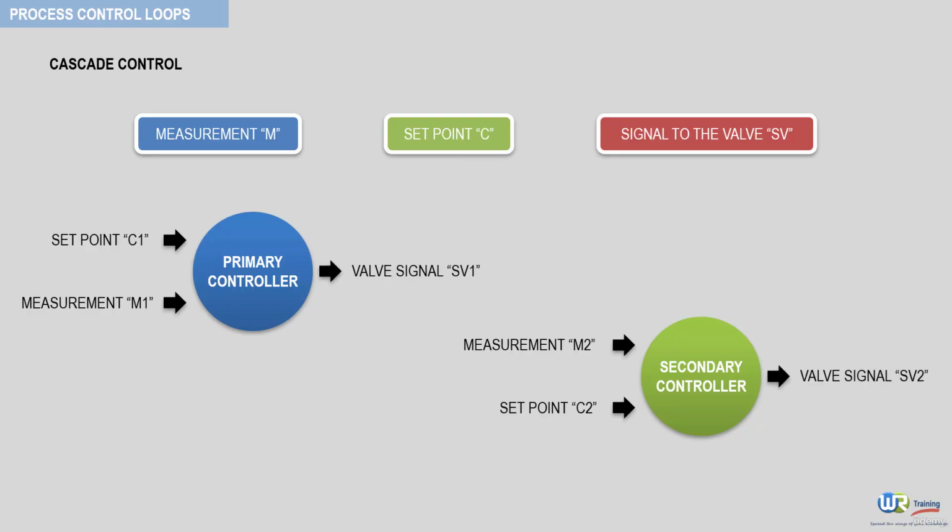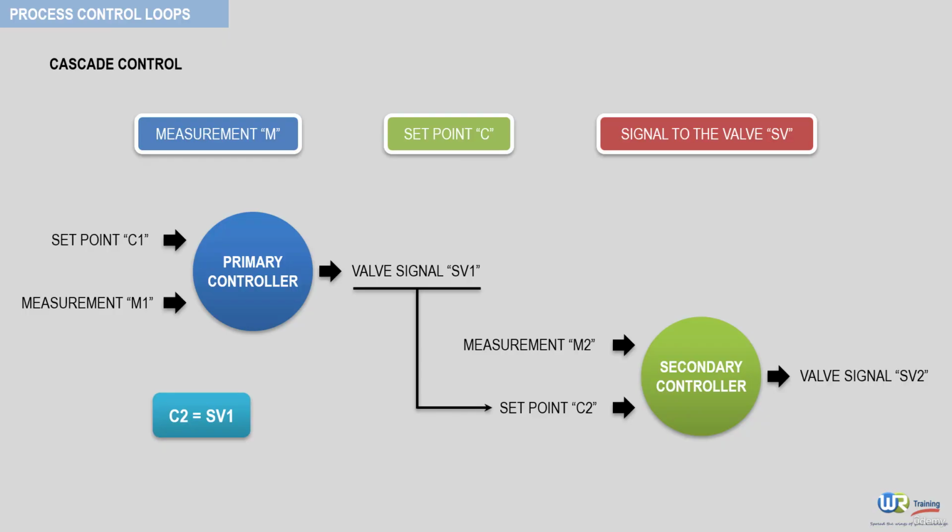In a cascade mode, the output signal from the primary controller will not go to a valve, but serves as a set point for the secondary controller. So, to put it simply, cascade operation is then characterized by C2 equals SV1.